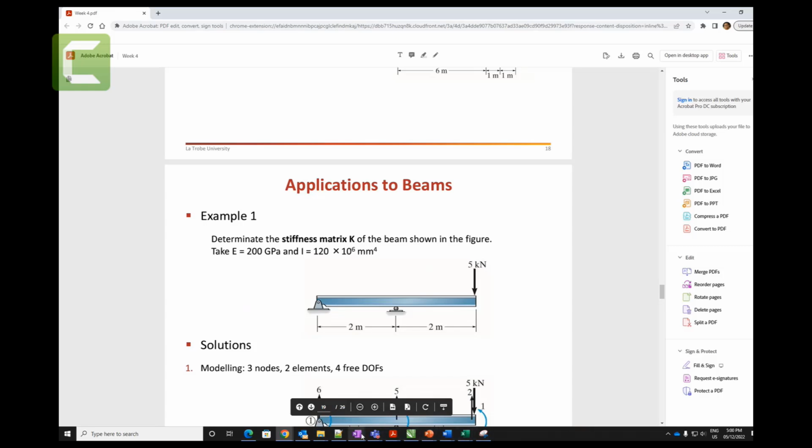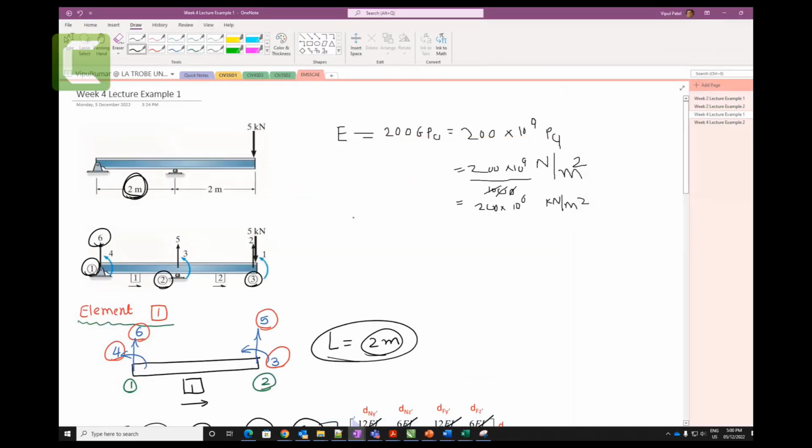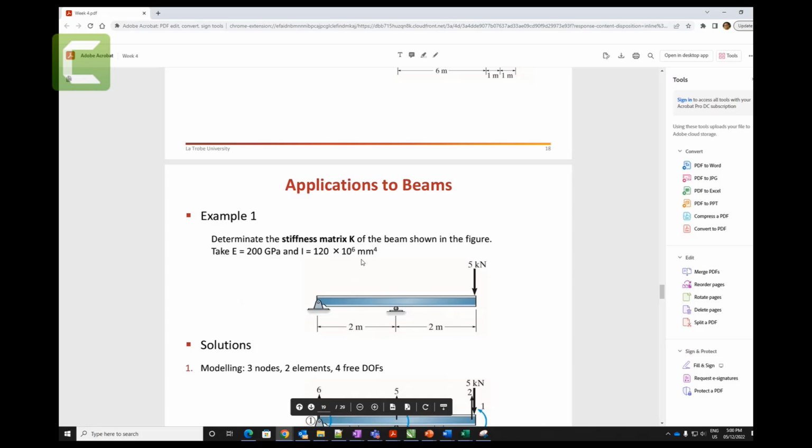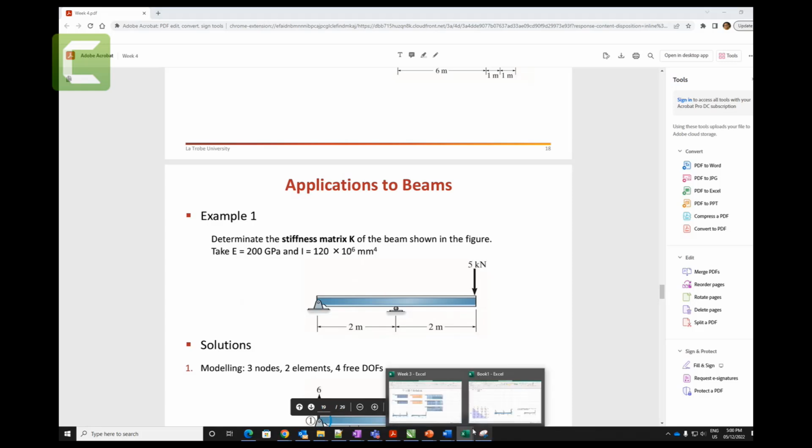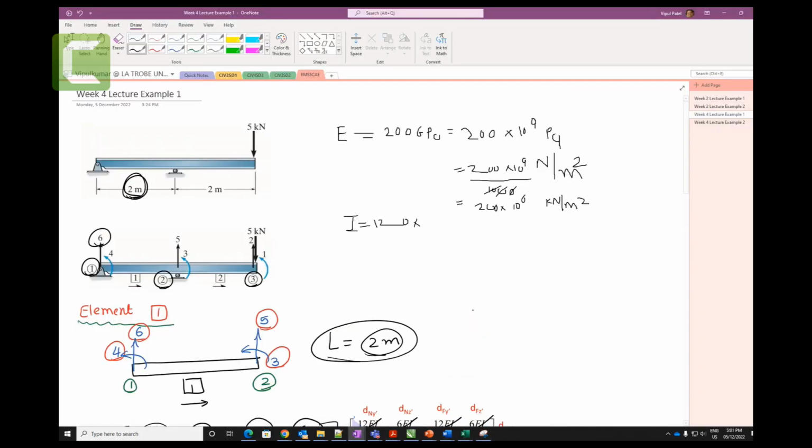So I can show it to you that I equals 120 times 10 to the power 6 millimeter power 4.